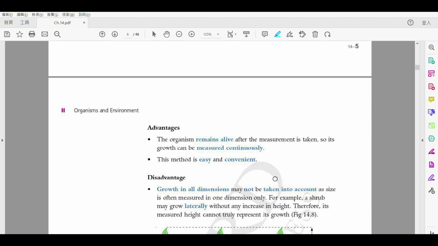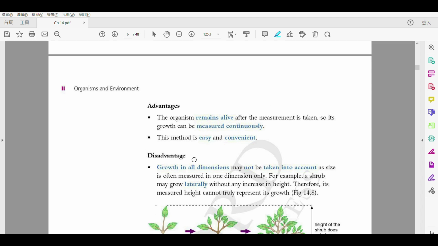This part, 14.2, is very important to know different parameters, advantages and disadvantages. But you'll find that some of them actually repeat again and again when you see the other parameters. So the advantages. First of all, after I measure your height, after I throw you into the water and measure your volume, will you be dead?